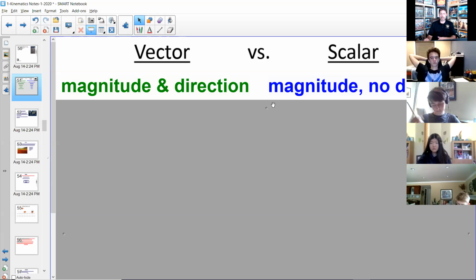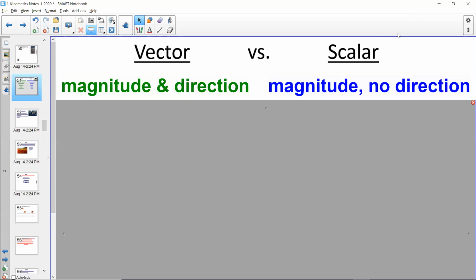A scalar value is one that has a numerical amount to it, a magnitude, but the direction is either irrelevant or impossible to define. And so scalar numbers only have numerical value. Vectors have both numerical value and direction.